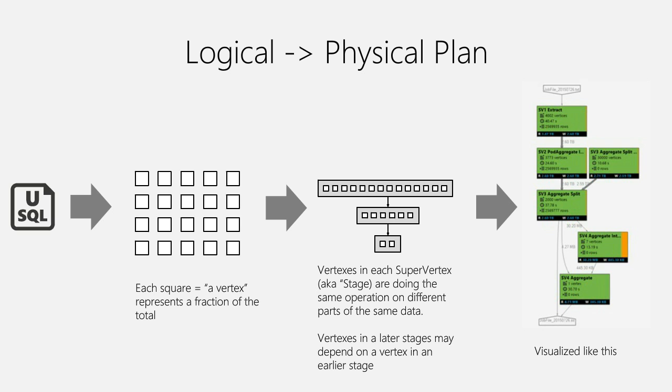That's what you can see here, called SV in the green box. It creates super vertices by joining some of the vertices together, and how it joins them is based on the parallelism request that you asked for. If you have asked for a parallelism of 1, it will execute only one at a time. If you have asked for, let's say, 4, it executes 4 vertices in parallel at the same time in multiple different Azure ADLA units.